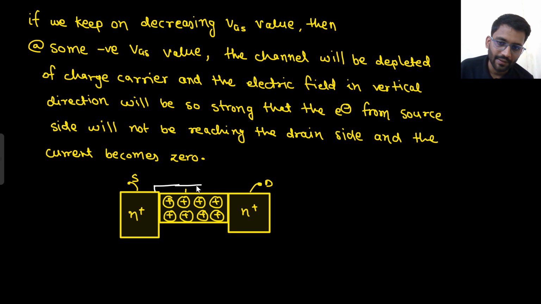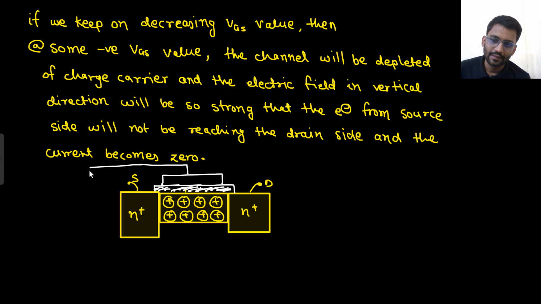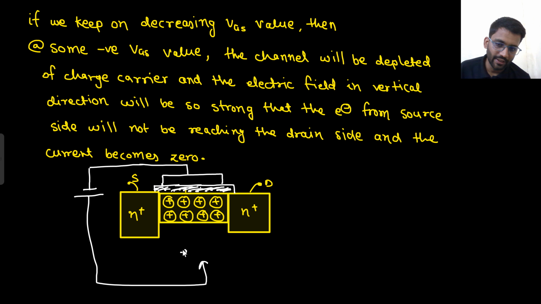Here we are having the oxide layer, and above that we are having the metal, sorry. Here we are giving the supply: negative supply to the metal, and positive supply to the substrate. So we are actually delivering the holes. What I made here is wrong. This should not be happening.